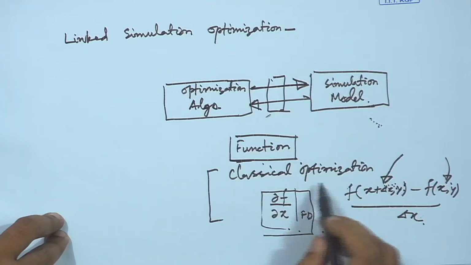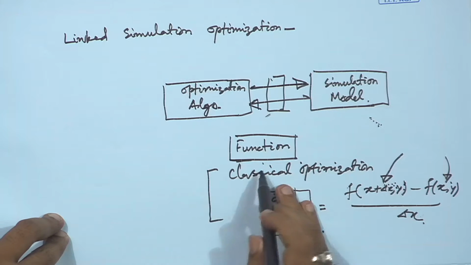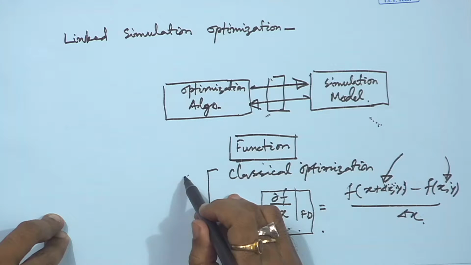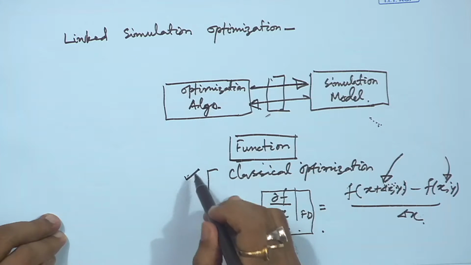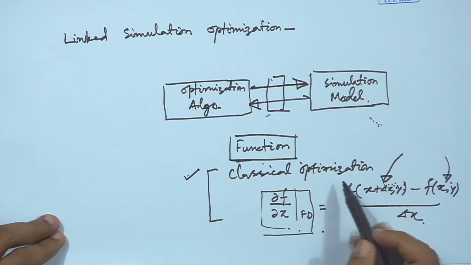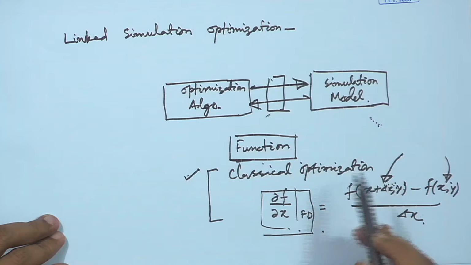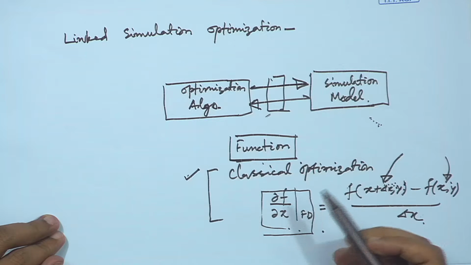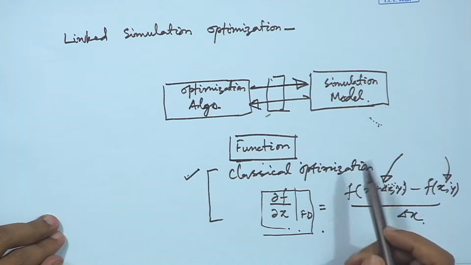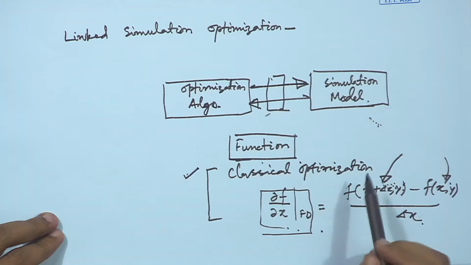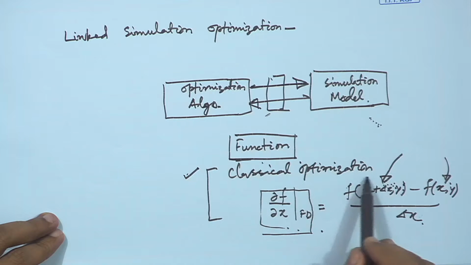So, for classical optimization, one disadvantage is that it is computationally expensive. Second, you need more number of function evaluations, and another disadvantage is that you need differentiable functions.